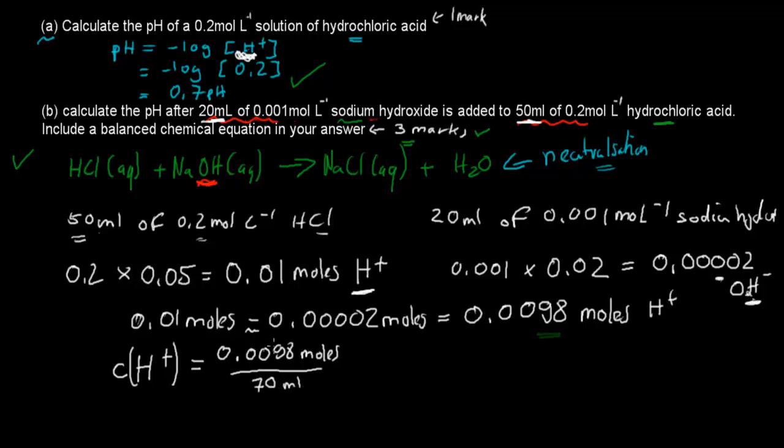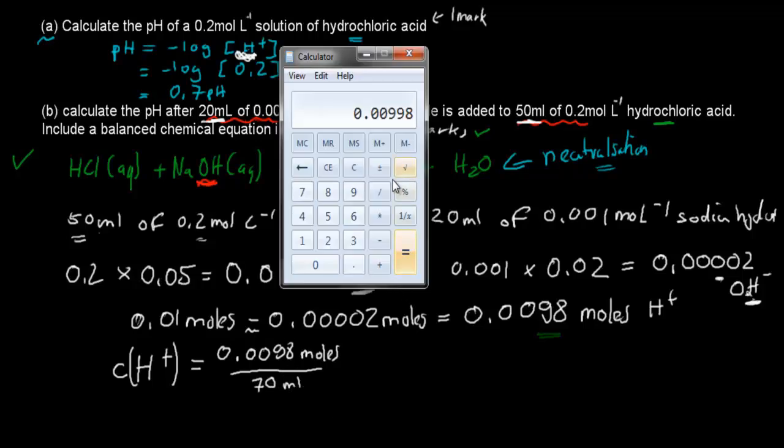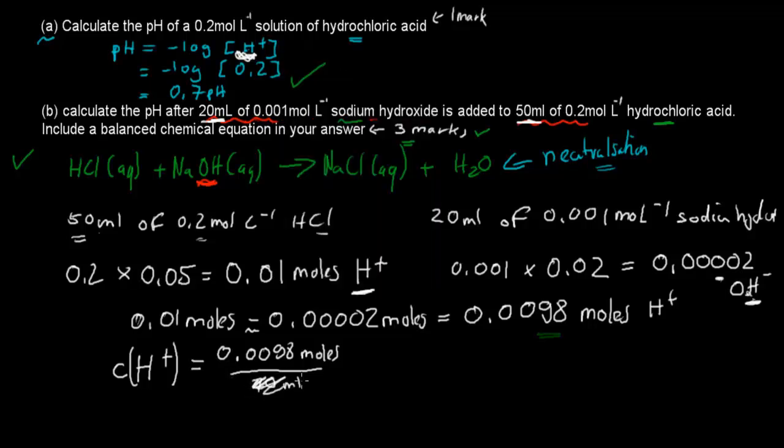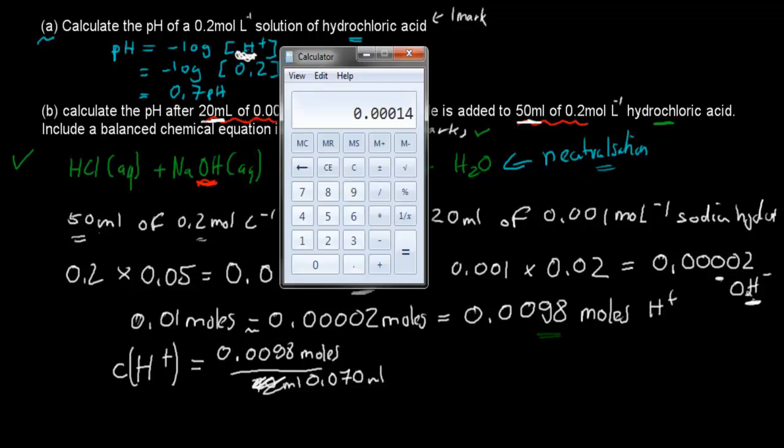So if we type 0.0098, that's the moles we have, divide that by our volume, divide that by 70, equals... oh sorry, not by 70, 0.07, because it's in mils, so we have to turn it into liters first.